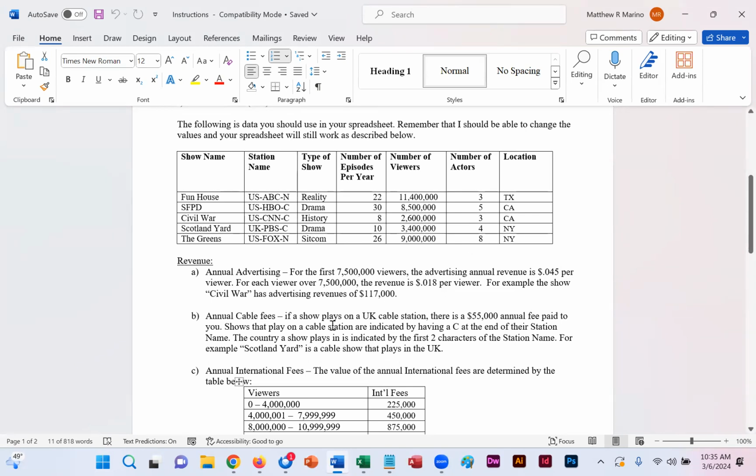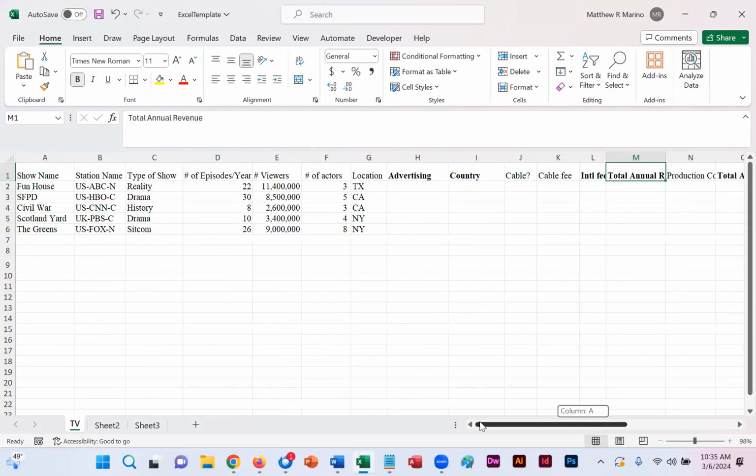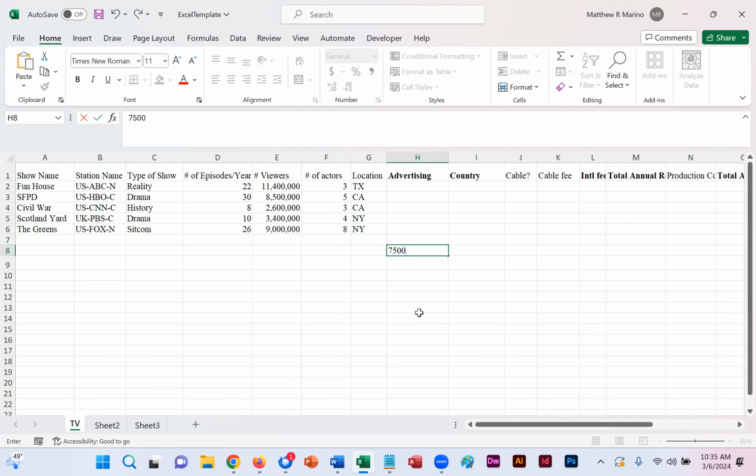So, for example, for the advertising, I would go in here and I'd type in my 7.5 million. My little less than 5 cents. My little less than 2 cents.